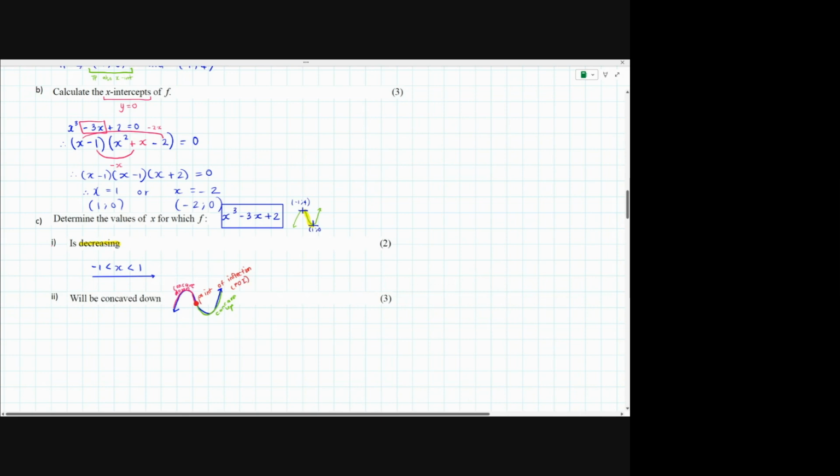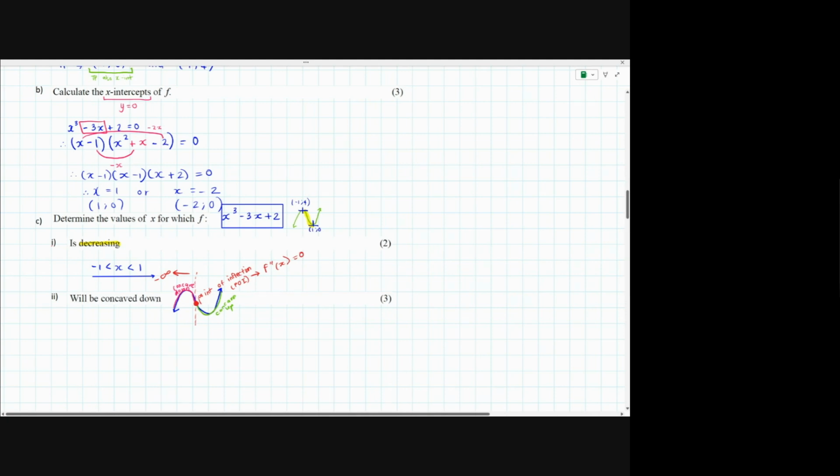Perfect. Okay, now, obviously for us to be able to write this inequality for where it'll be concave down, which would basically be from your point of inflection towards negative infinity, we actually need to know where our point of inflection is. Now, you have got two options for how you want to do this. Option number one is you can find the second derivative and you make it equal to 0. So point of inflection is where your second derivative is equal to 0.